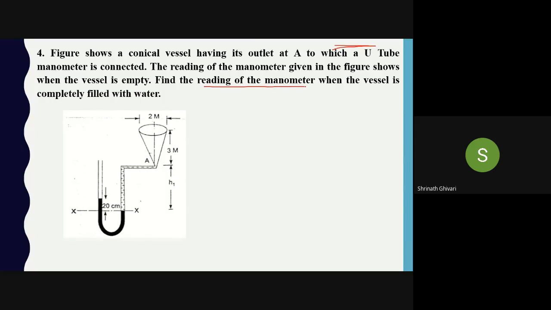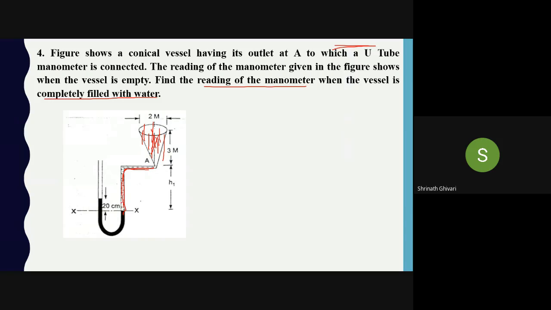Find the reading of the manometer when the vessel is completely filled with water. When I go on filling water inside this, it will start applying some pressure here. Do you agree? If I go on putting water in this, the water will be applying pressure on this mercury. Right or no? Yes, sir.